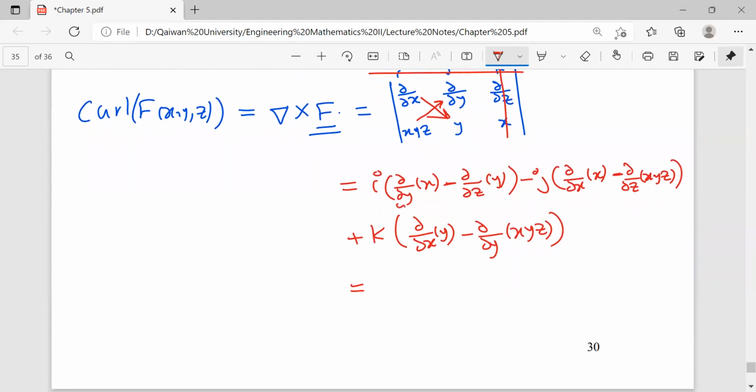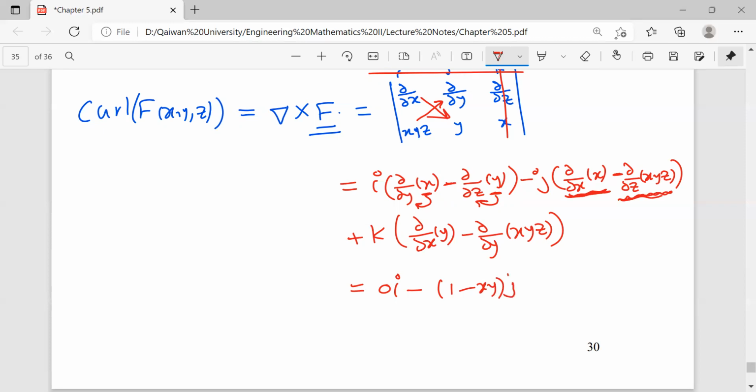The partial derivative of x with respect to y is 0. And this is also 0, since the function is y here, and its partial derivative with respect to z is 0. 0i minus the partial derivative of x with respect to x is 1, minus the partial derivative of xyz with respect to z is xy.